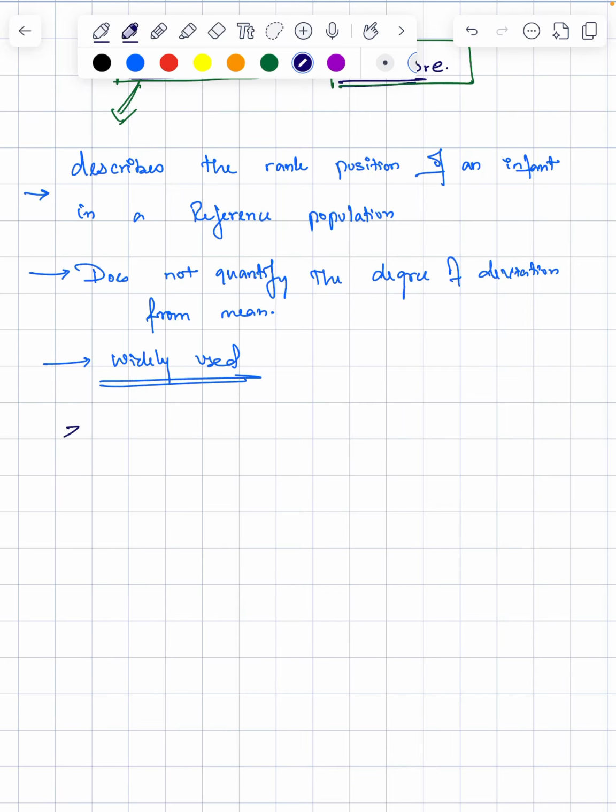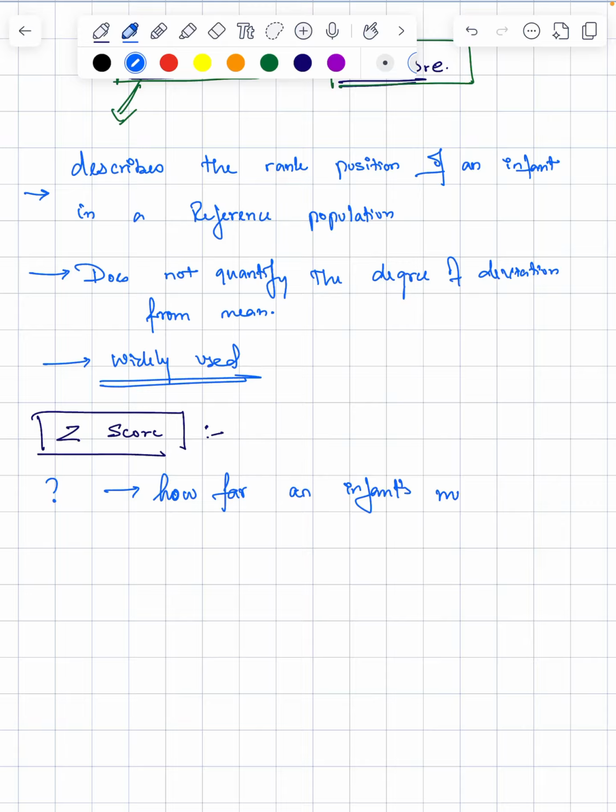Next, your Z-score. The Z-score chart tells you how far an infant's measurement lies from the mean population, which gives an indication about the infant's growth.